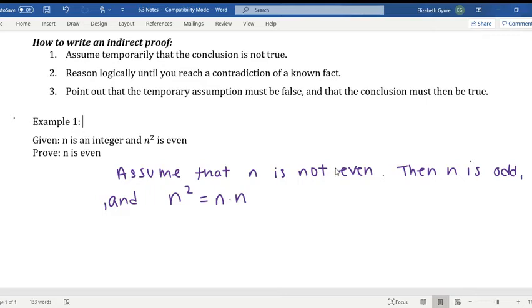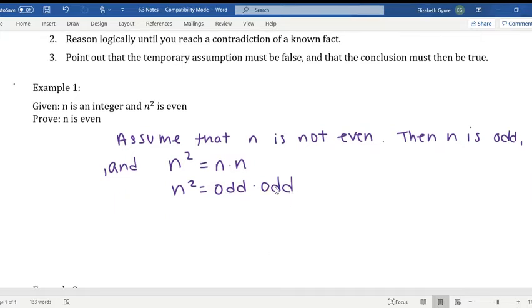So that means if n is odd, then n squared has to be an odd number times another odd number. But a rule of mathematics is that an odd number times an odd number is still another odd number. So that's going to equal an odd number, right? 3 times 5 is 15. 7 times 11 is 77. An odd times an odd is still odd.